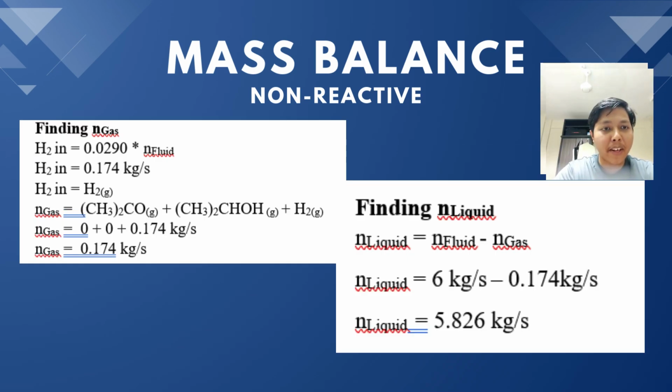First we need to find the end gas, which is 0.74. How? Because there is only hydrogen gas in the gas. And then we find the liquid by the equation.